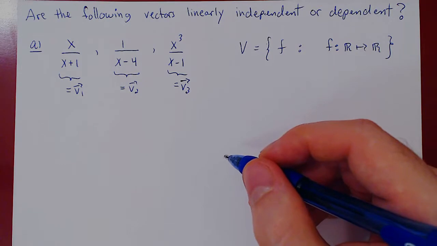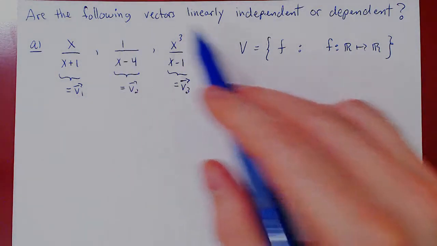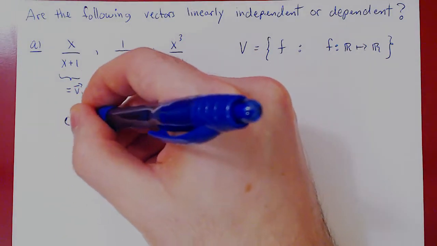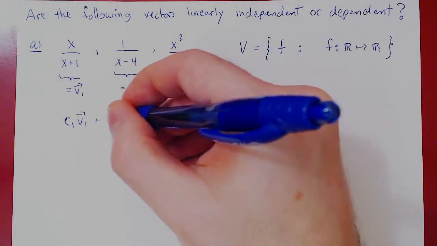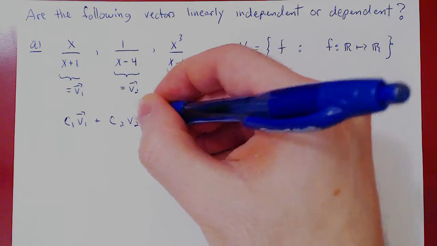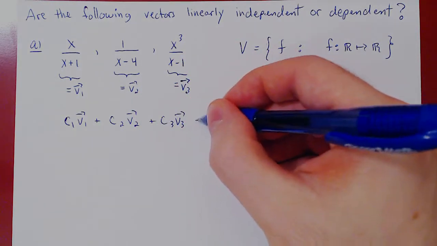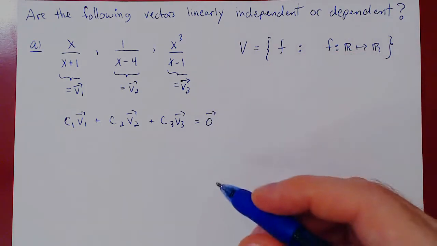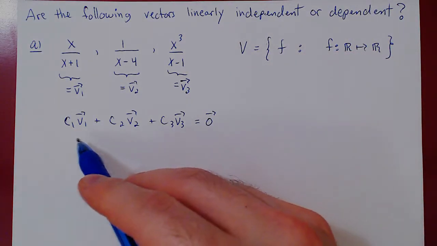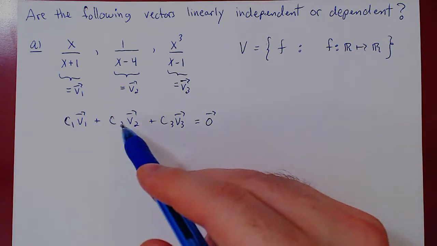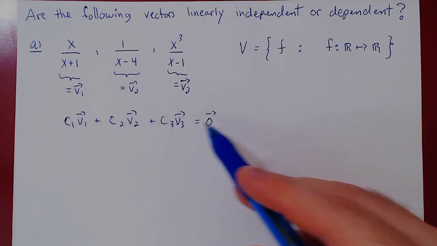As always, when we consider this question, we have to look at a linear combination of our three vectors, giving the zero vector from the vector space. And we ask, how many solutions are there? Obviously, if we set C1, C2, and C3 to be all 0, we get the zero vector.